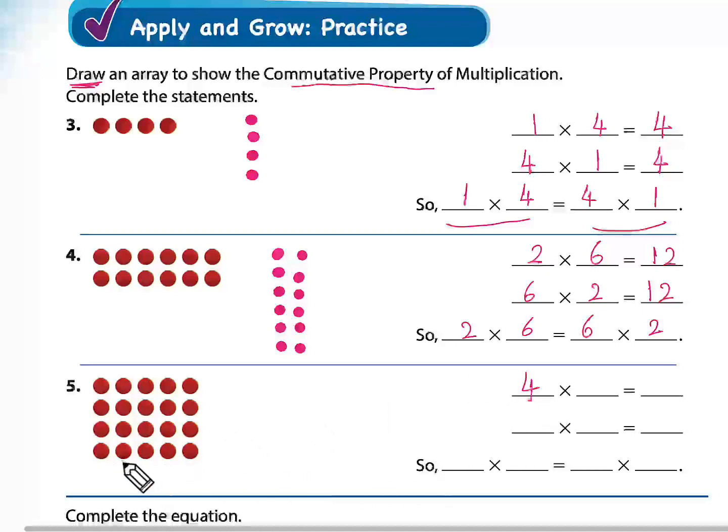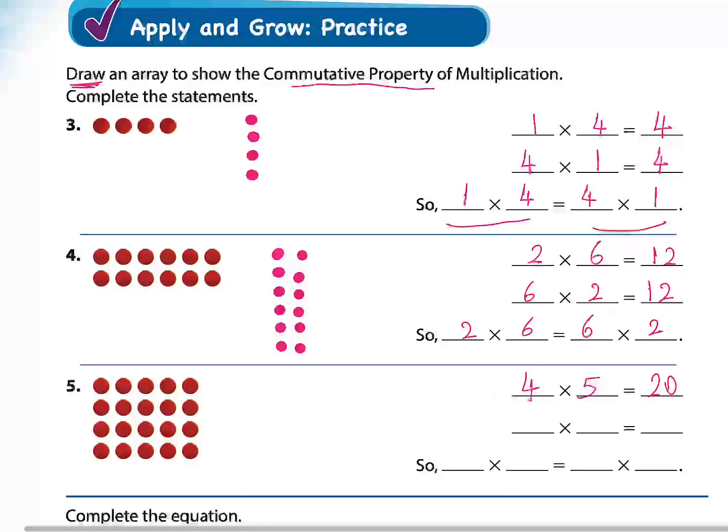How many columns? So 4 times 5. What is the product? Excellent.